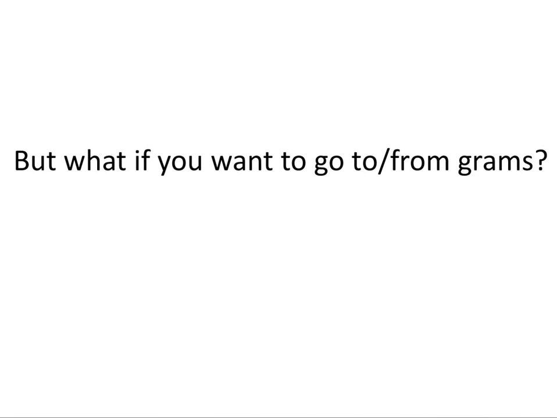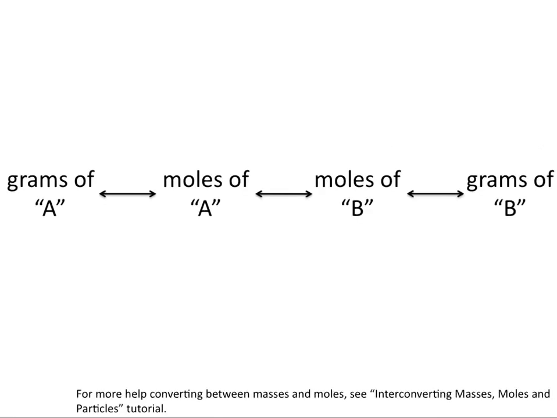But what happens if we want to go to or from grams? We know that the coefficients in a balanced chemical equation relate moles of one product or reactant to moles of another product or reactant. We also know that we can go from grams of a certain reactant or product to moles of that same reactant or product using the formula weight.